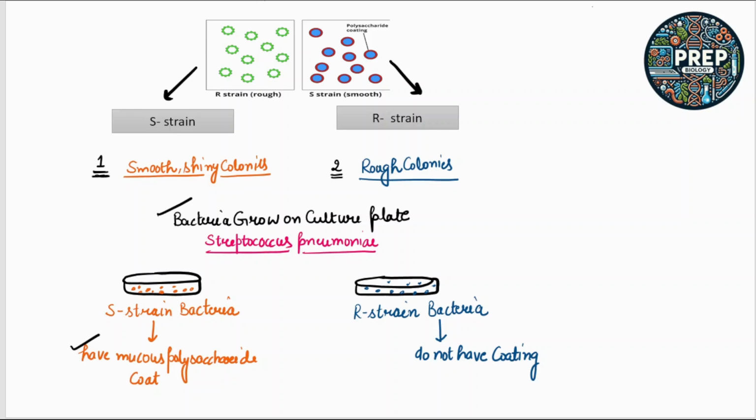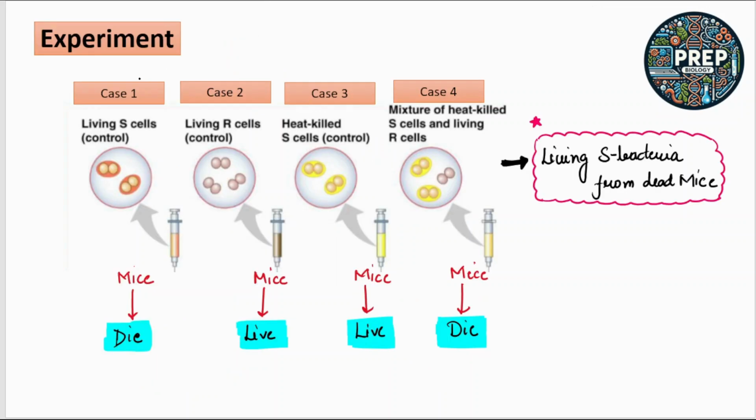Now Griffith took 4 cases of this experiment: case 1, case 2, case 3 and case 4. In case 1, he chose the living S colonies, that is the smooth strain colonies of the bacteria, and injected them into the mice, and he found that all mice died.